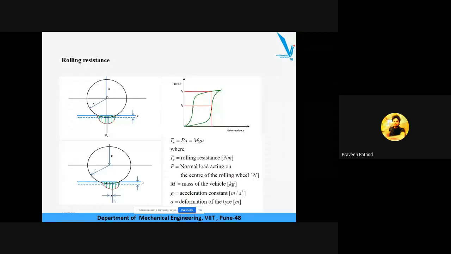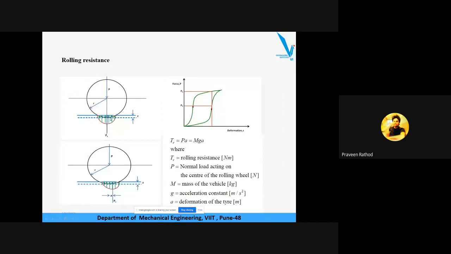The pressure in the contact area, where is the contact area? This is the contact area between the tire and the ground surface. The pressure in the contact area between the tire and the road surface is distributed symmetrically.